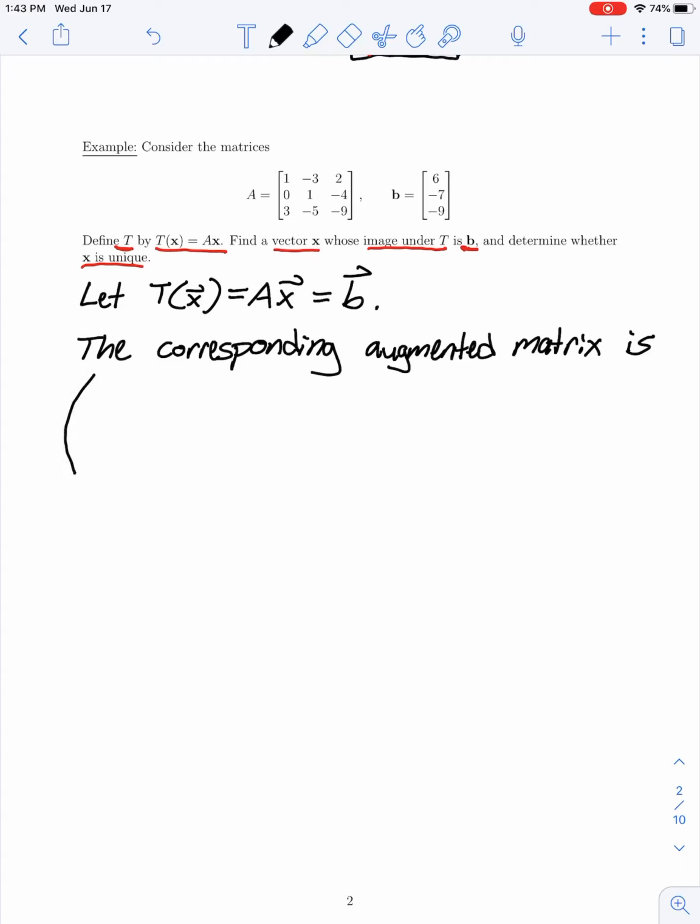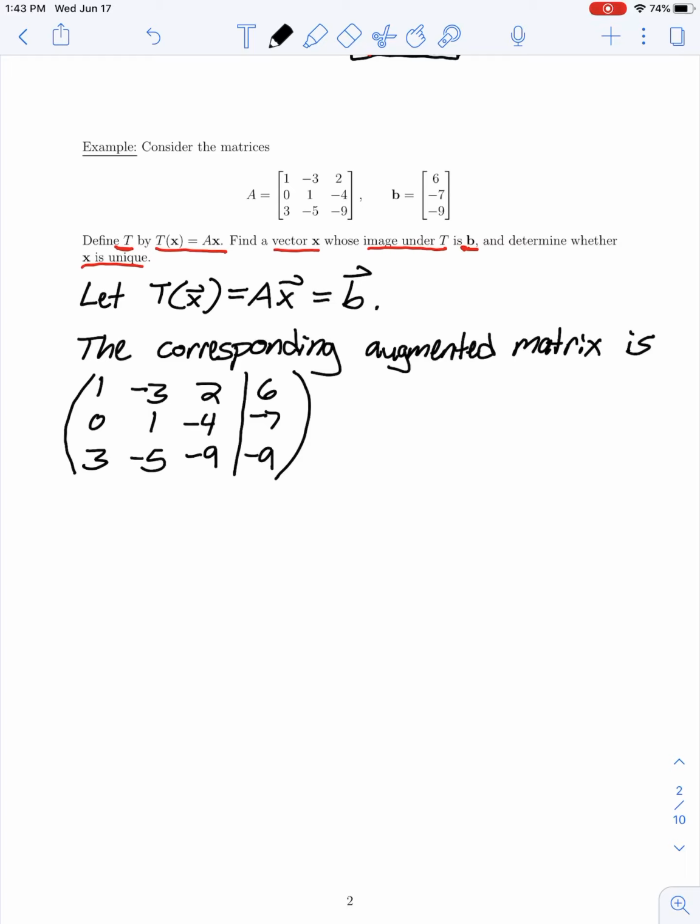We take our matrix A, whose first column was 1, 0, 3, second column was negative 3, 1, negative 5, and our third column was 2, negative 4, negative 9, and we are augmenting that with the vector b: 6, negative 7, negative 9.